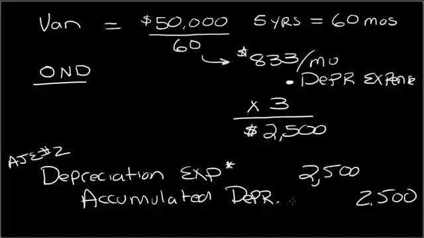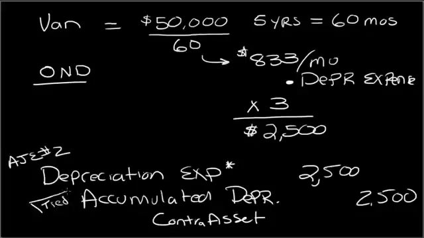Accumulated depreciation is what we call a contra asset. This account is tied to the asset account in which it originated from. So when you see the van or the equipment account presented together, you will always see the accumulated depreciation account riding with it.